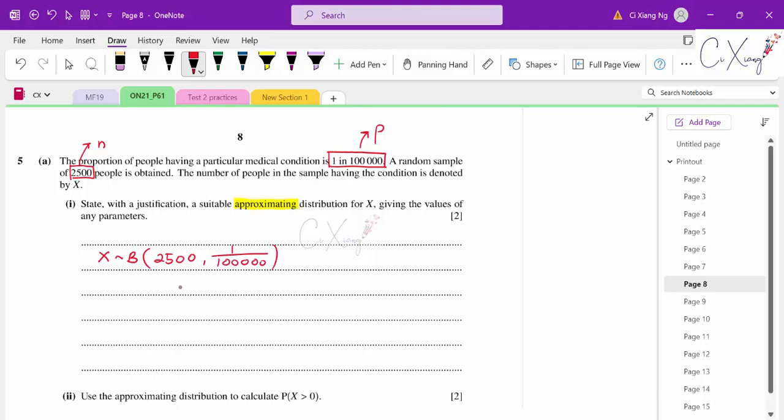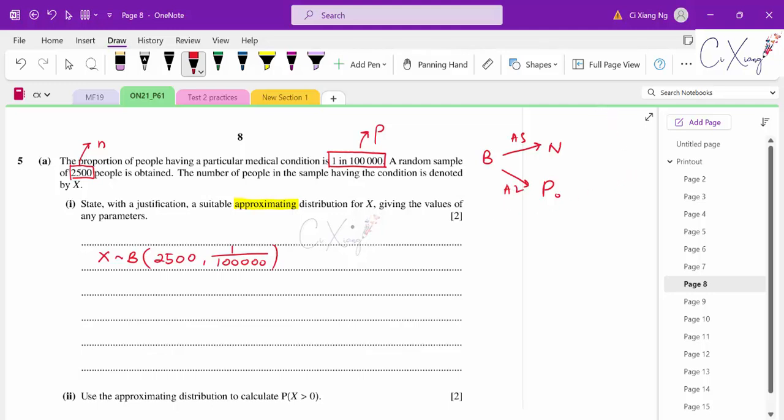When you're having originally a binomial distribution, what is the approximating distribution for X that you can have? So of course, from binomial, right, we can have normal, and we actually can have also Poisson. Then for the normal one, you should know that it belongs to a different case. Okay, then the other one, we are having binomial to Poisson. So for this binomial distribution, you should change it to become a Poisson distribution.